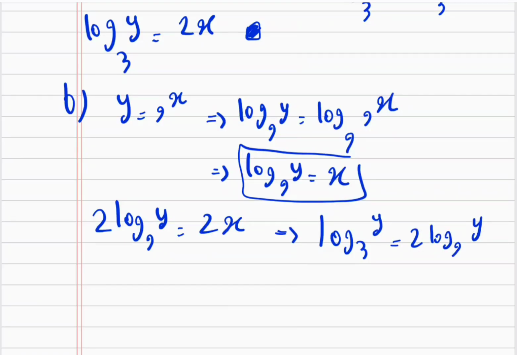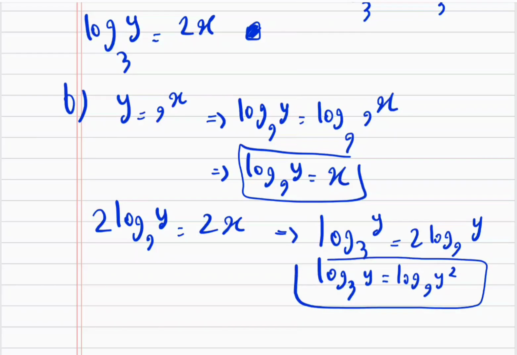And now we can just use the power law of logs. Whenever we have a coefficient outside of the log, this can be written as the power of whatever is inside the log. So we'll have log base 3 of y is equal to log base 9 of y squared. And this is the end of the proof in the second part.